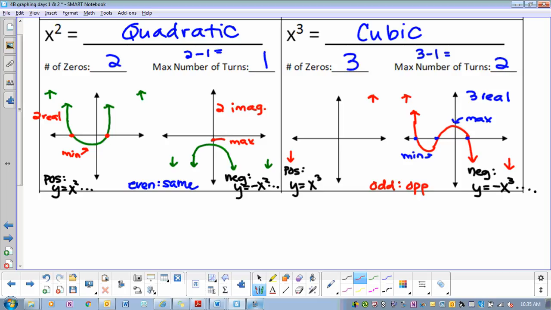So if you guys go to your calculator and you put in y equals x to the third, then you'll see that it looks like this, something like that. So try that, put that in and see what you get. Good, yeah, should, right?